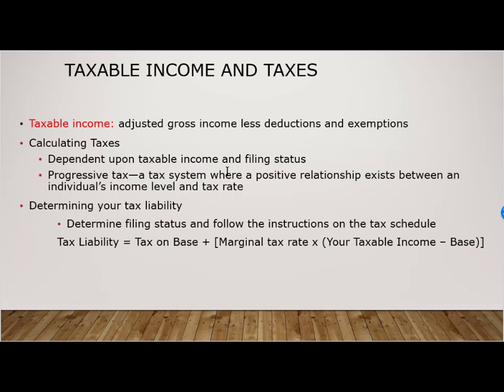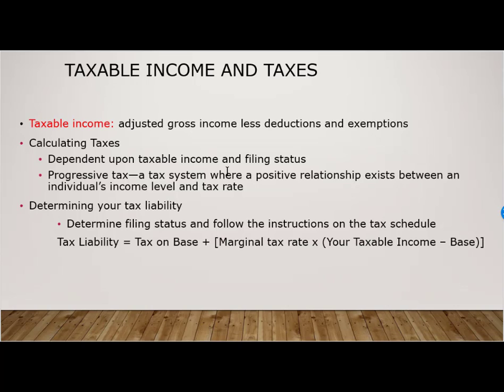So now we end up with taxable income. This is the income less deductions, less exemptions. Now we calculate taxes. After we've done calculating taxes, there is still another adjustment that we'll have to make to our actual taxes that are owed.